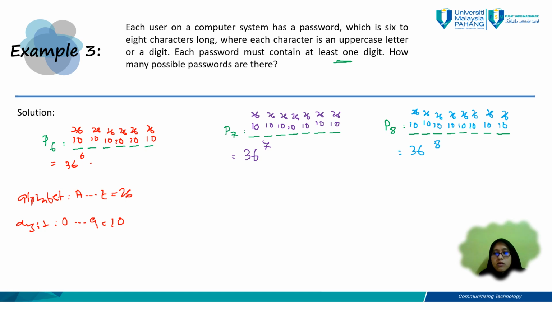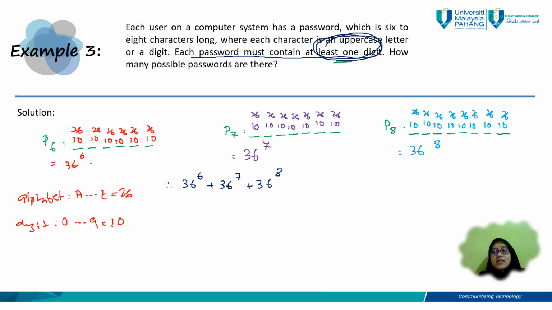So what are the total ways? The total is 36 to the power of 6 plus 36 to the power of 7 plus 36 to the power of 8. But remember, this is not our final answer. We have a condition: each password must contain at least 1 digit.